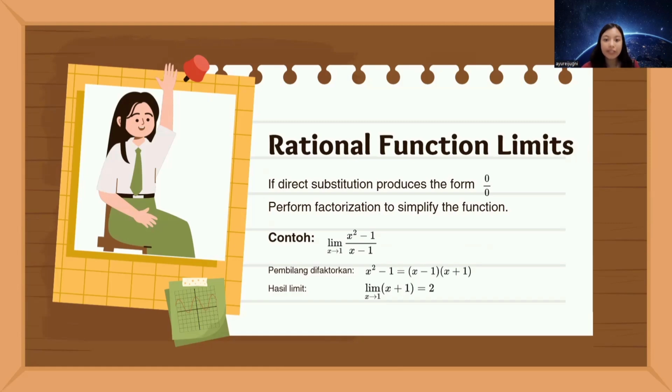After factorization, we can cancel the common factors and then substitute the value again. So remember students, if direct substitution does not work, try simplifying the function first. This method is very important in solving algebraic limit problems.